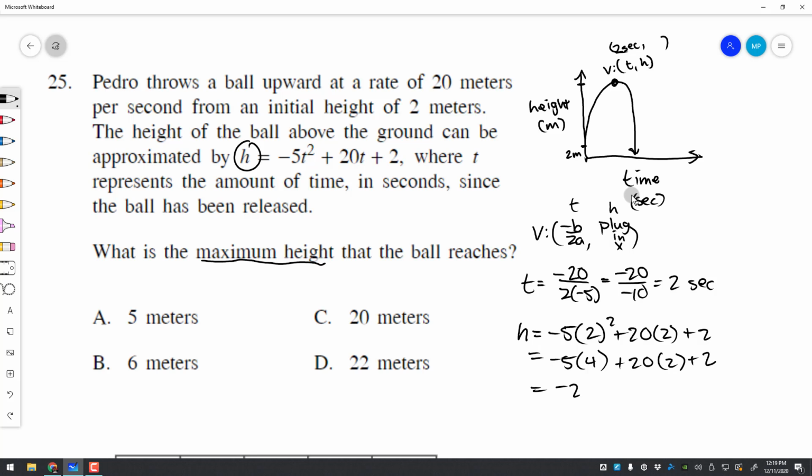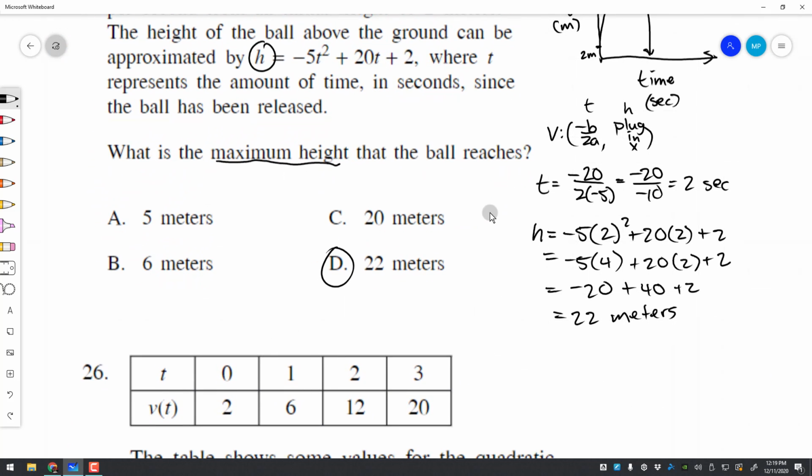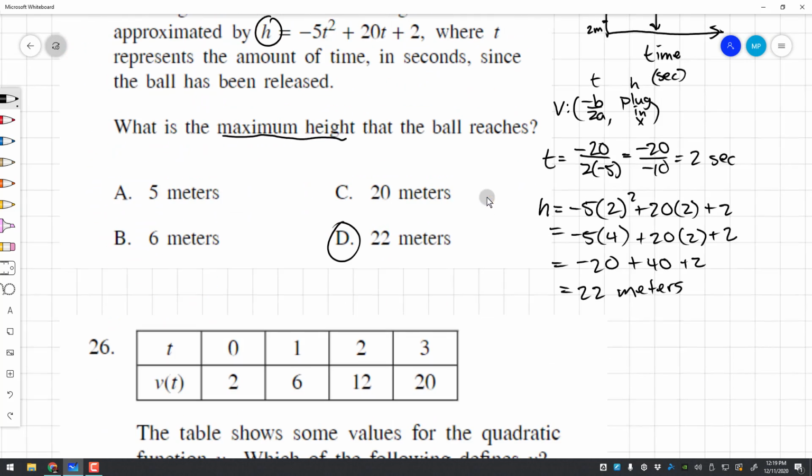So this becomes negative 20 plus 40 plus 2, which ends up giving us 22 meters. So after 2 seconds, it reaches its maximum height, and that maximum height is 22 meters high. Now, could you also graph this and just look for the vertex, the y-coordinate specifically? Yeah, probably. But algebraically, this is how we find our vertex.